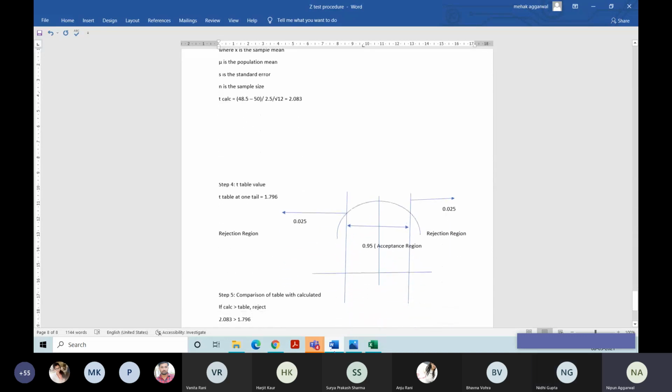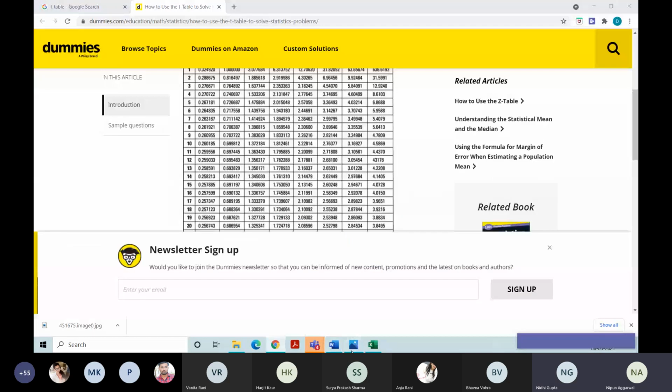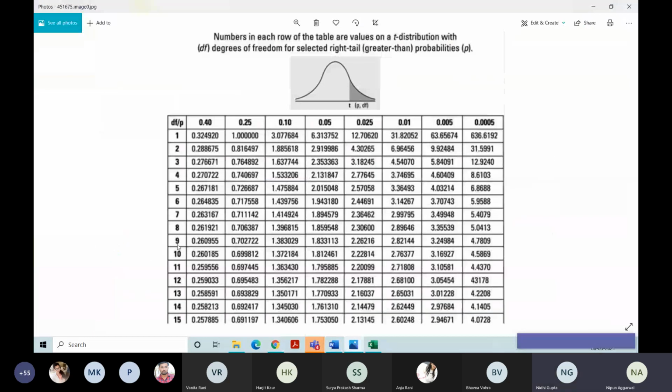Ultimately, whatever the table value comes out to be, for 9 and 0.025 that is 2.26216. So your table value is this. Whether it is 0.49 or 0.149, this value is less than 2.262.